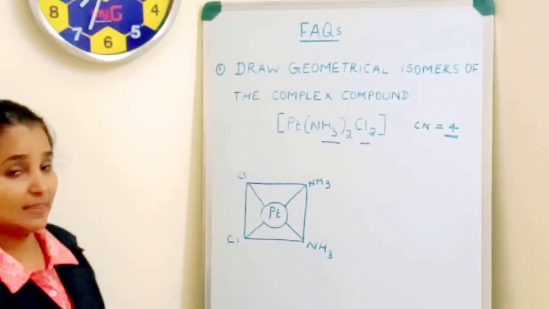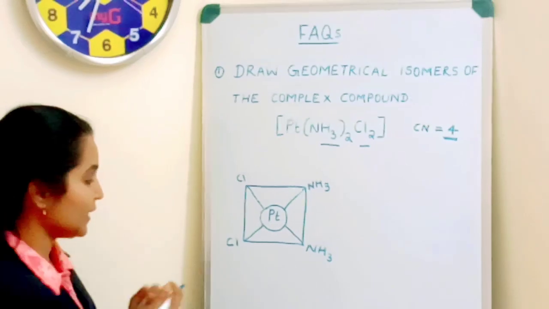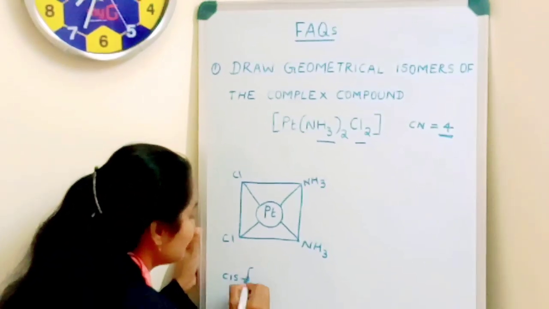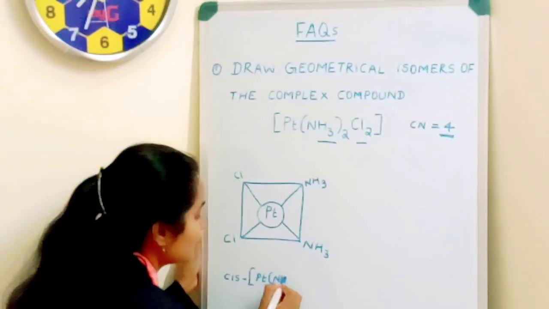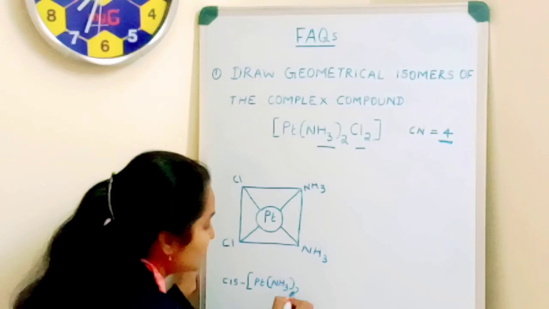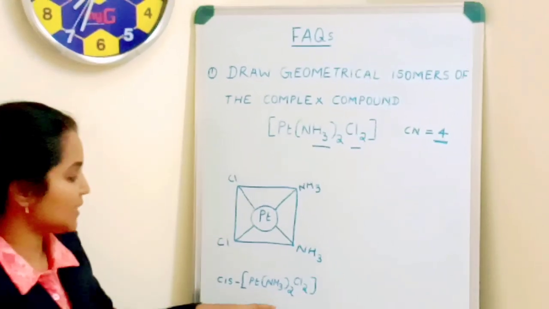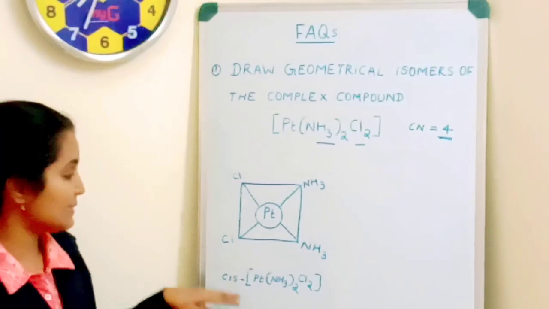So we have got the cis form of this particular coordination compound. So the name of this compound right now is cis-Pt(NH3)2Cl2. That means you can name this compound as usual, and you have to add cis.